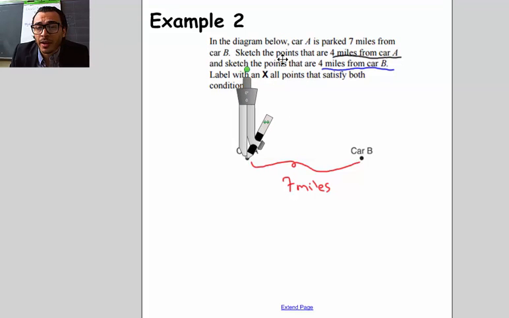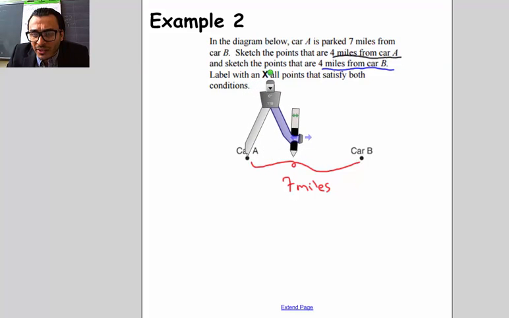Now, here's the thing. You have to be conscious of the fact that these cars are 7 miles apart. So if I want to know how far 4 miles is, I know that I should go past the halfway mark, because the halfway mark is 3.5.